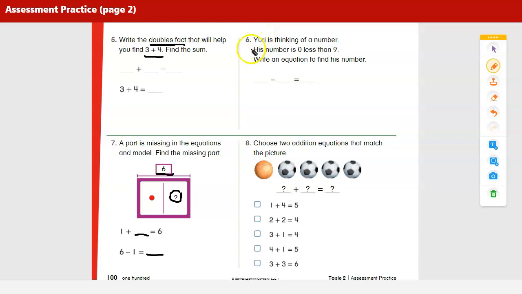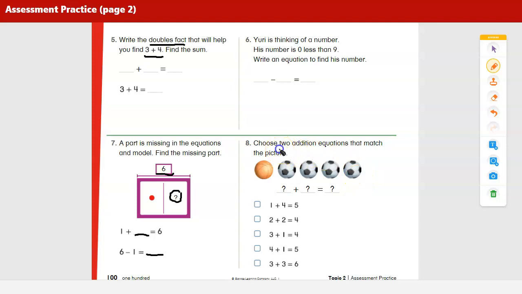Number 6 says Yuri is thinking, we already did number 6. Number 8 says choose 2 addition equations that match the picture. So in our picture, we see 1 basketball and how many soccer balls? We see 4 soccer balls.